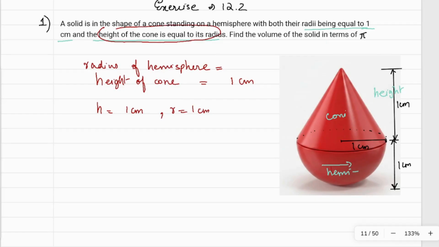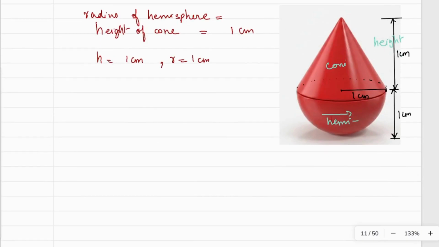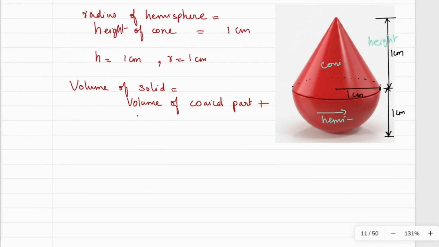Now we have to find the volume of the solid. Therefore, the volume of the solid is equal to the volume of the conical part plus the volume of the hemispherical part.